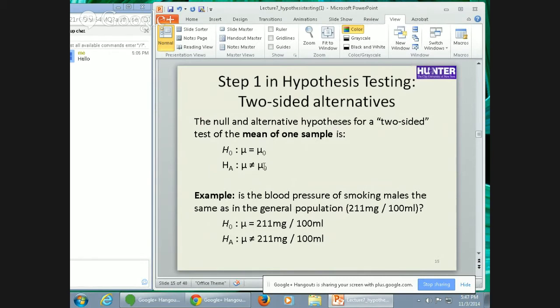And the alternative is that it is not equal. So there's no specification of greater or less than, just equal, not equal to. For example, is the blood pressure of smoking males the same as the general population? Null hypothesis is that it is, alternative is that it's different. We're not hypothesizing about whether it's greater or less than.